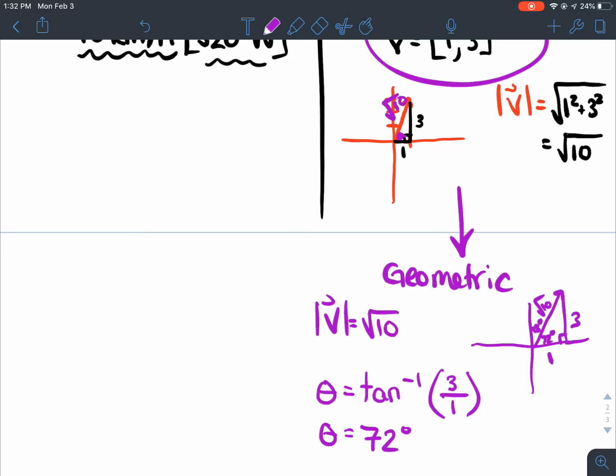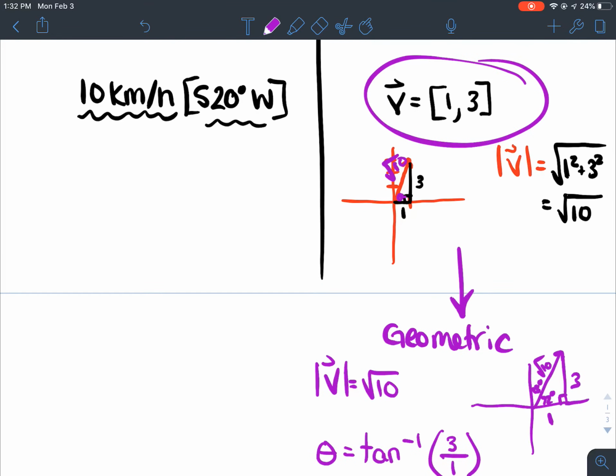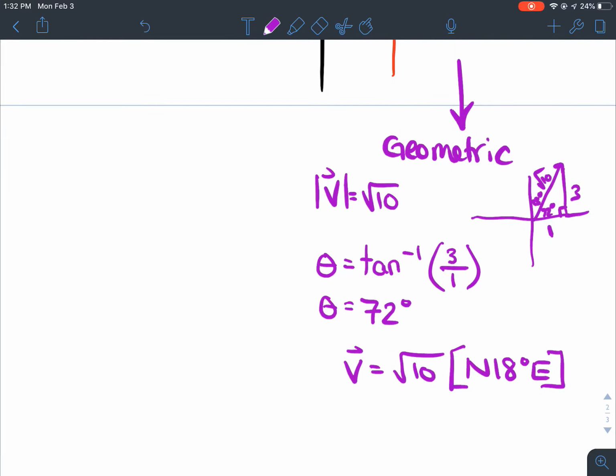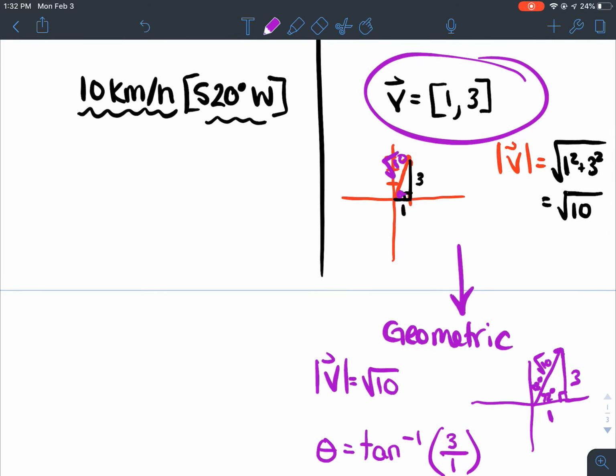So if I wanted to write this algebraic vector, 1, 3, as a geometric vector, I could say vector v is also equal to the square root of 10, and it's traveling north 18 degrees east. Boom, now it's geometric.